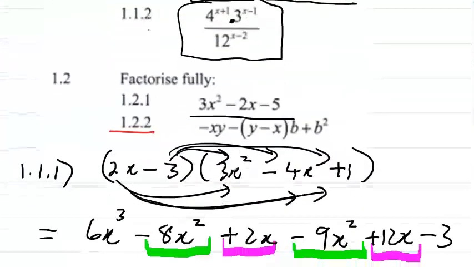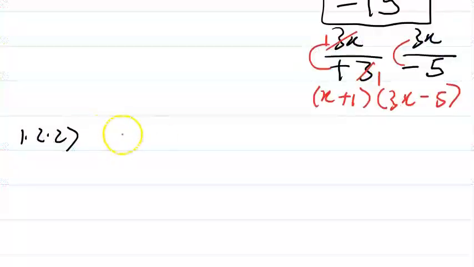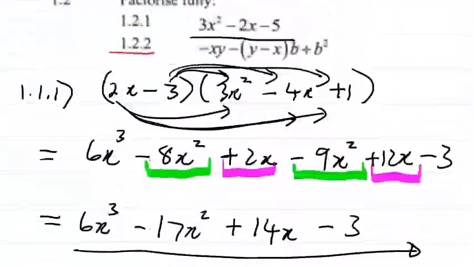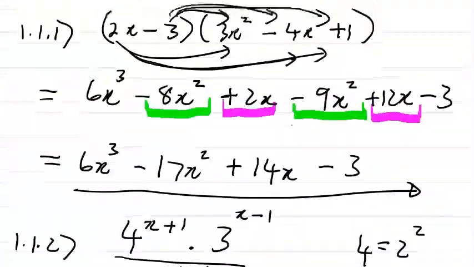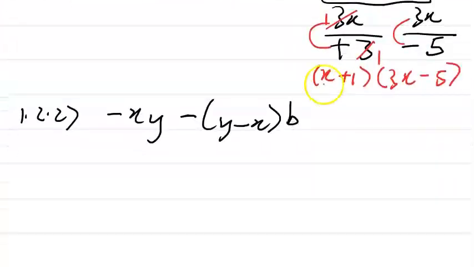And in question 1.2.2, we have minus xy. This looks like a grouping in pairs question. And we've got minus into y minus x times b, and we also have plus b squared.